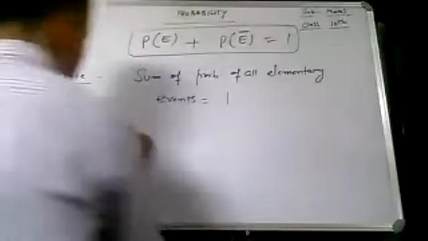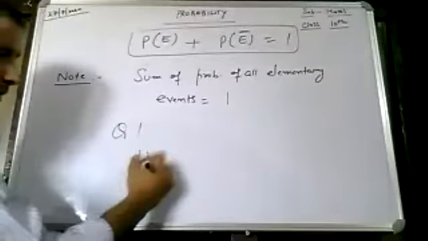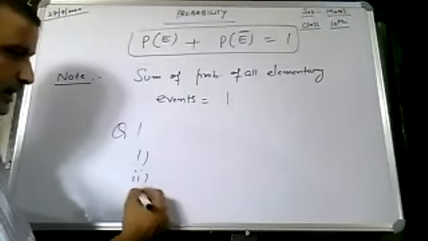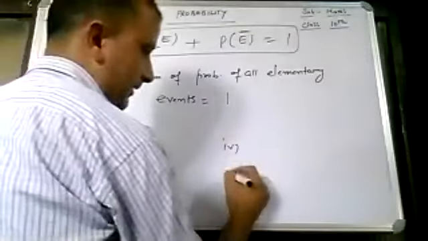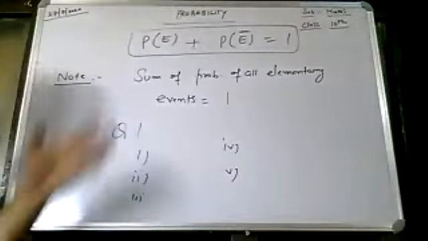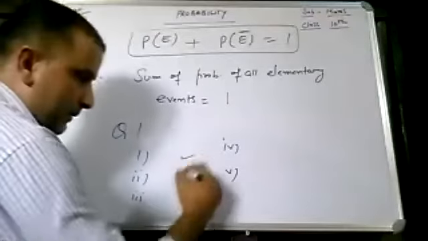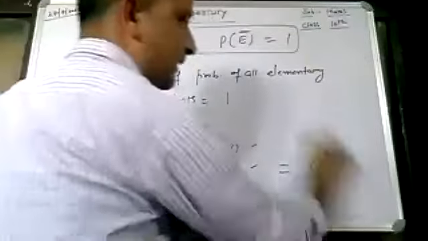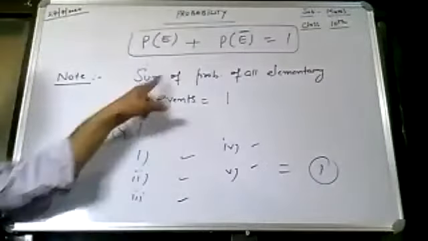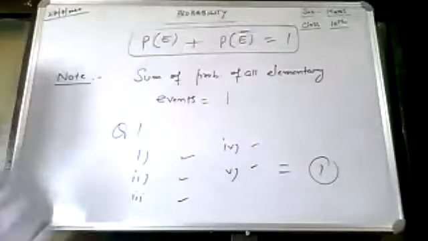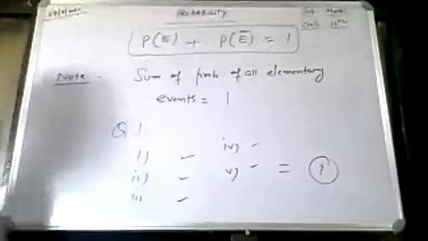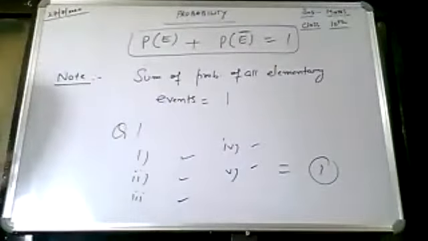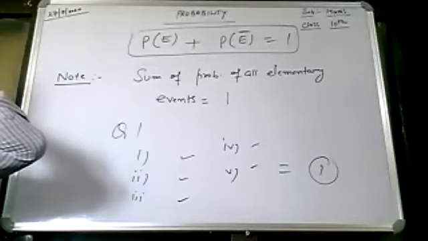Very good. Suppose, class, you have question number 1, having 5 parts: first part, second part, third part, fourth part, and fifth part. सबकी probability calculate करो, सबको add करोगे, answer क्या आएगा? Answer is 1. This is the meaning that the sum of probabilities of all elementary events is 1. Clear? तो ये भी आपने पढ़ा था in the 9th standard.